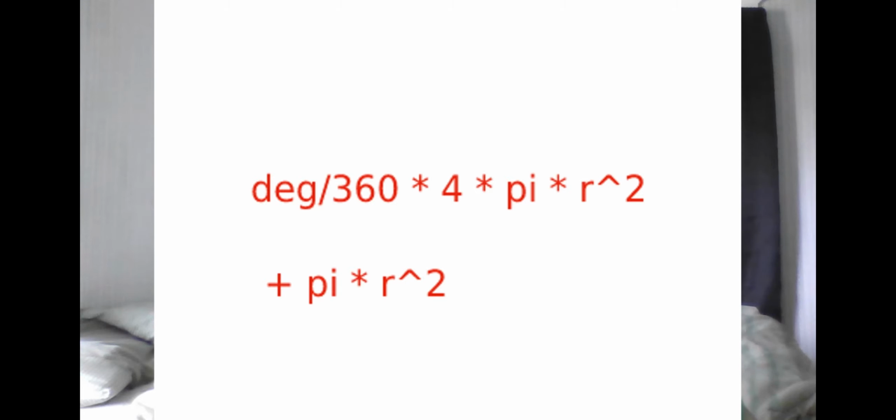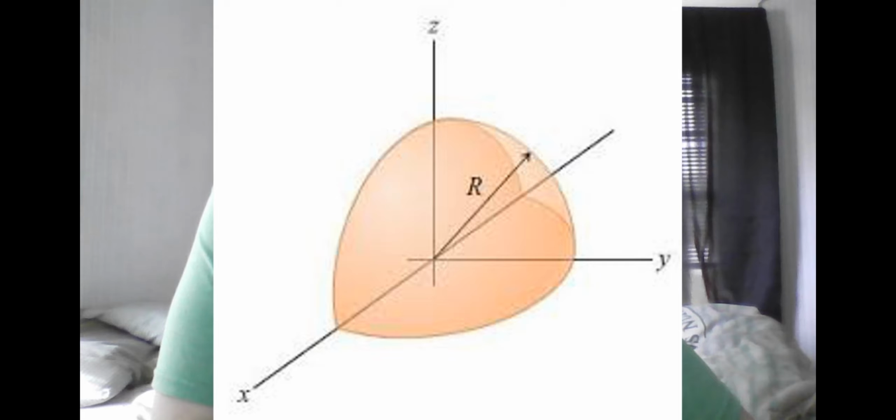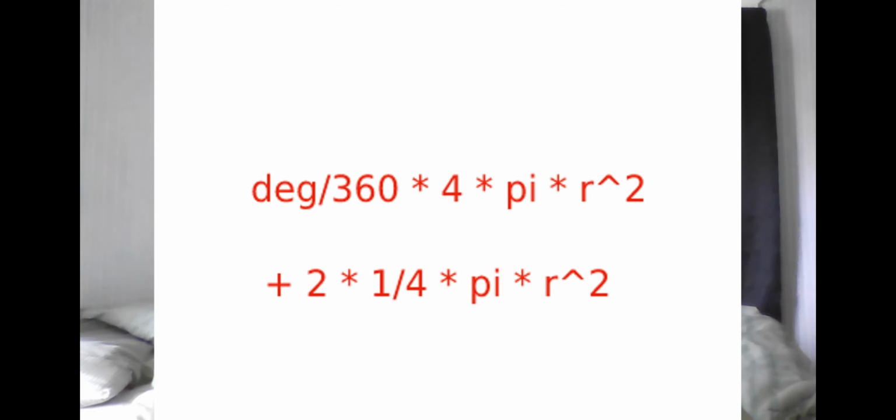So it should follow that if we instead cut it into quarters, the surface area would be 90 divided by 360 times 4 pi r squared, plus the area of two flat sides now, as the slices are in different directions, and so would therefore have to make different areas.